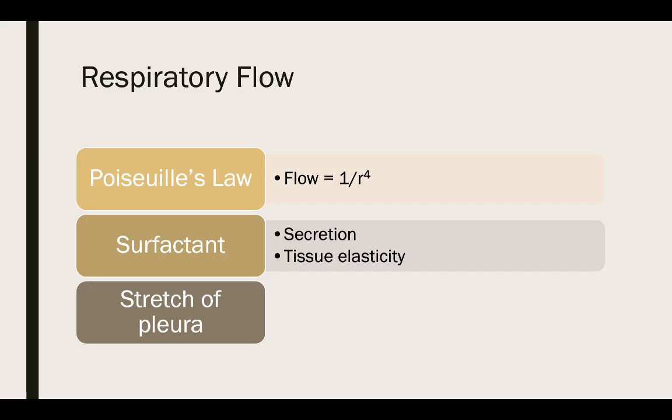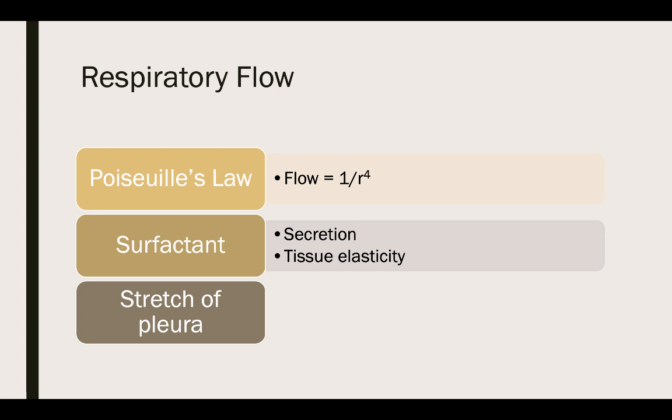So as we increase the diameter, increase the size of our bronchi and bronchioles, we can get more and more flow. And here, instead of talking about fluid going through an IV catheter, we're talking about airflow through our bronchi, through our bronchioles. With this, we're going to need surfactant to keep our alveoli open.